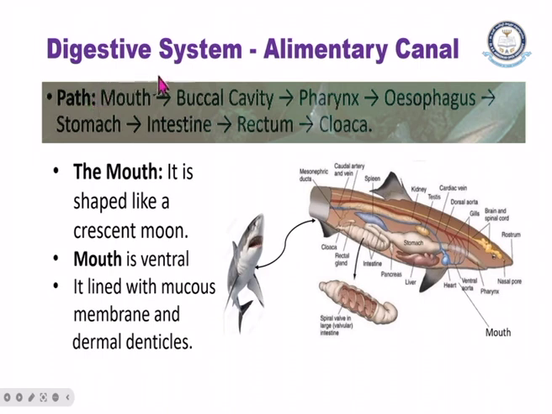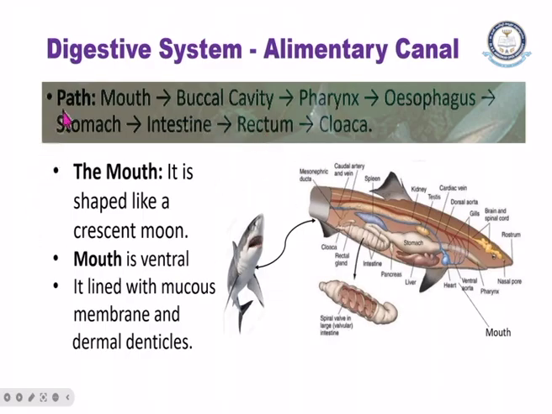Aperture means opening. Here in this flow we can find the path of the alimentary canal. Mouth leads into the buccal cavity, into the pharynx, pharynx into the esophagus, esophagus into the stomach, stomach into the intestine, intestine into the rectum, rectum into the cloaca.